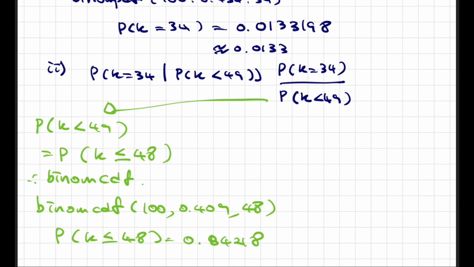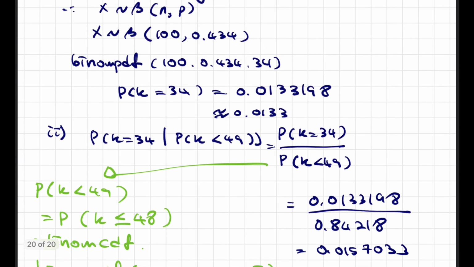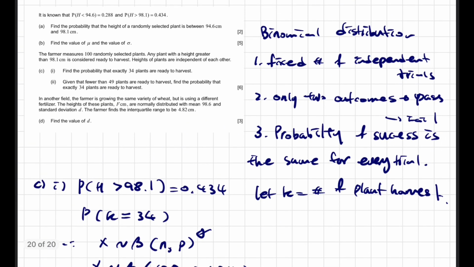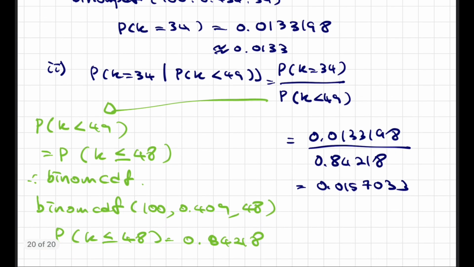Then we calculate the probability using the number from the previous question: 0.0133198 over 0.84218. Then we get the value of 0.0157033. So the probability that exactly 34 plants are ready to harvest, given fewer than 49 are ready, is 0.0157.